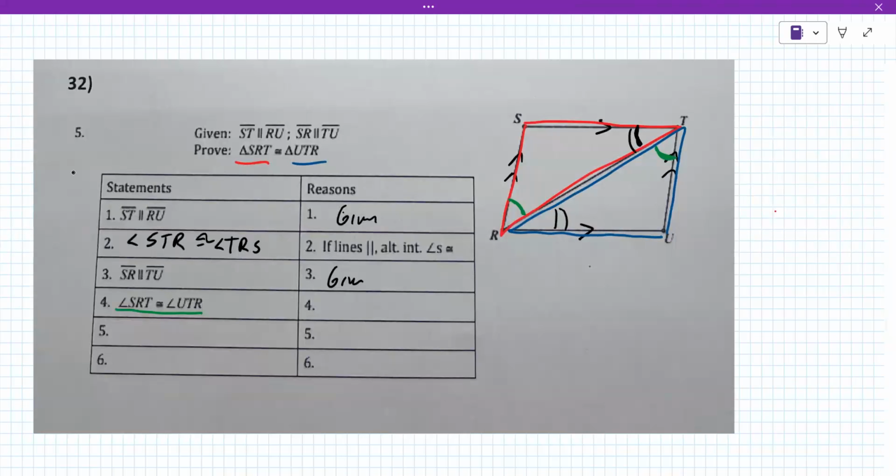The double one down there. So number 4 is if lines are parallel, alternate interior angles are congruent.